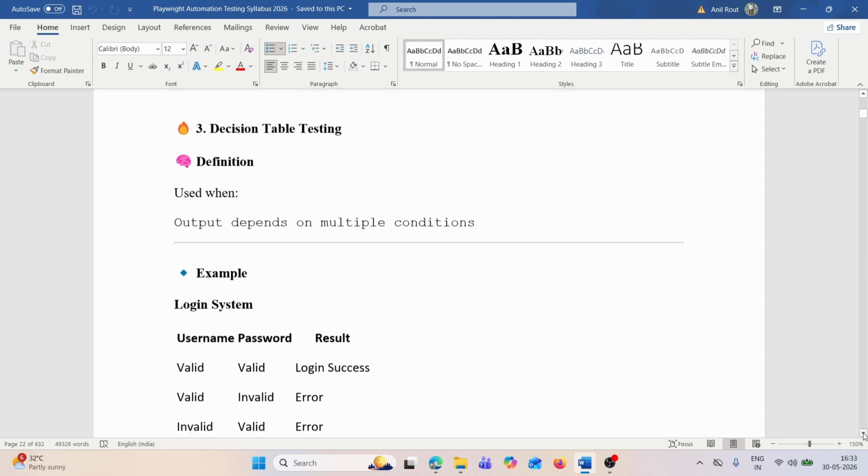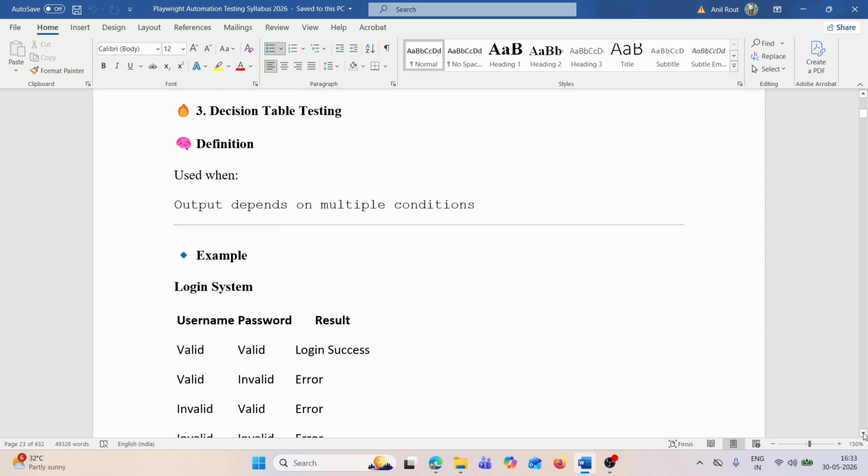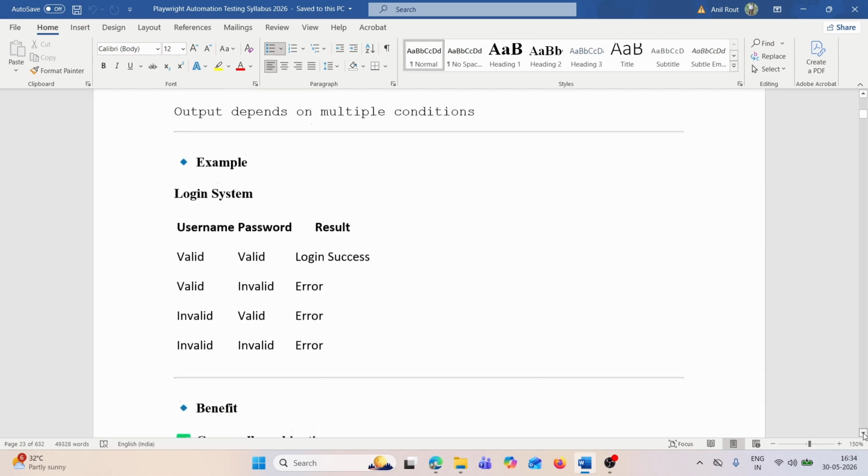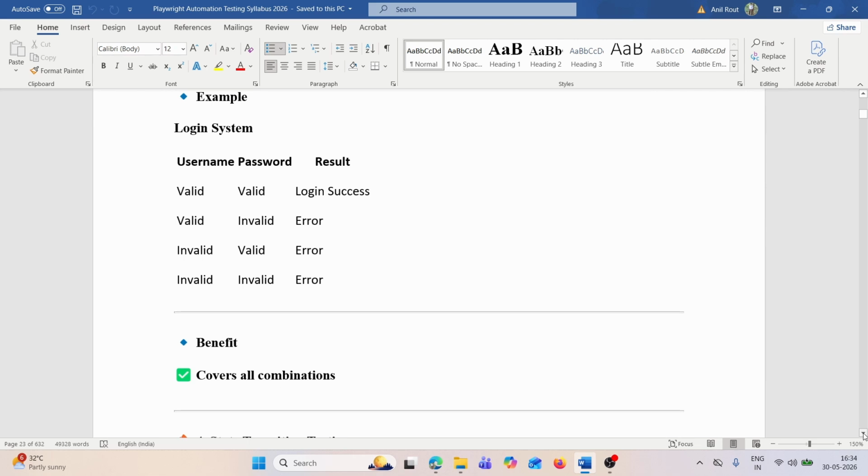Then decision table testing. Definition: it is used when output depends on multiple conditions. Example: login system. We'll take username, password, result.